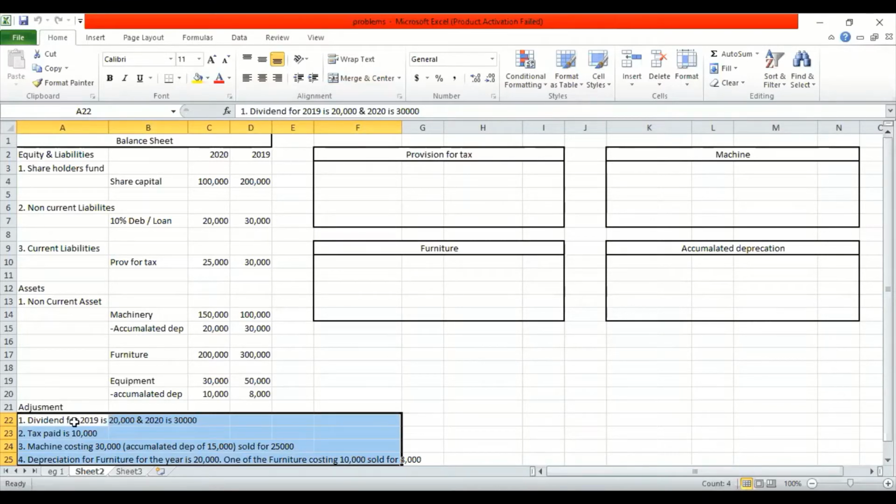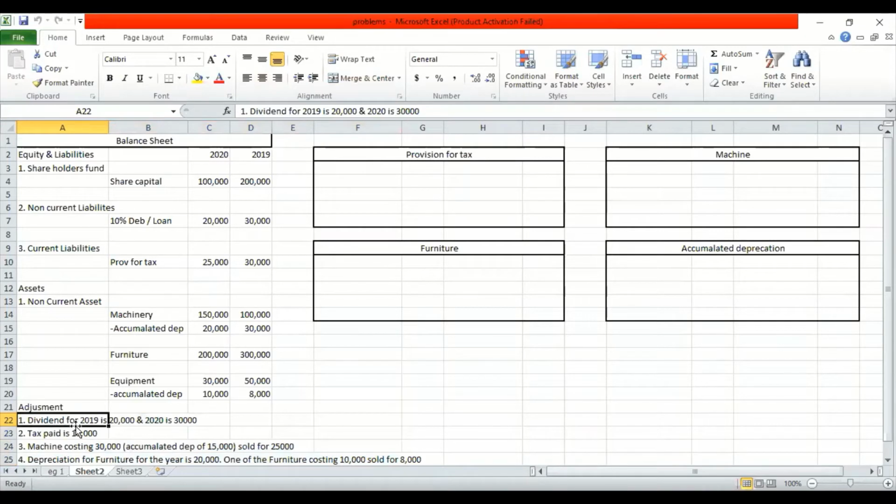For example, over here it's mentioned dividend for 2019 is 20,000 and 2020 is 30,000. Now the word dividend, you see, is not mentioned in the balance sheet. That means I will not create a ledger, but I am supposed to give two effects. As per CBSE, the dividend of the previous year has to be taken. That means you will be taking 20,000 and you will give two effects. What is dividend?